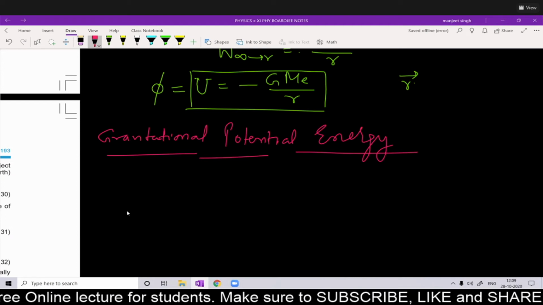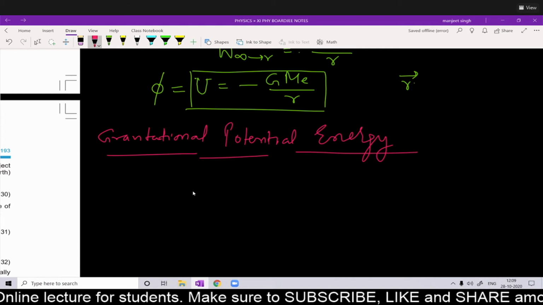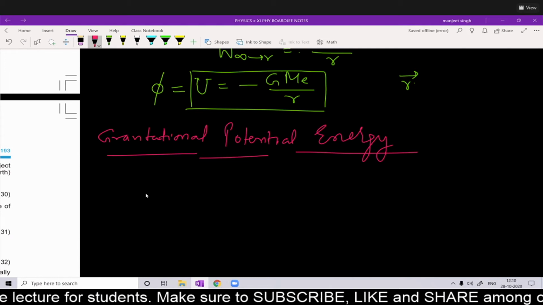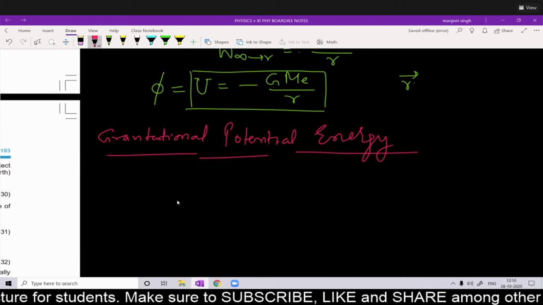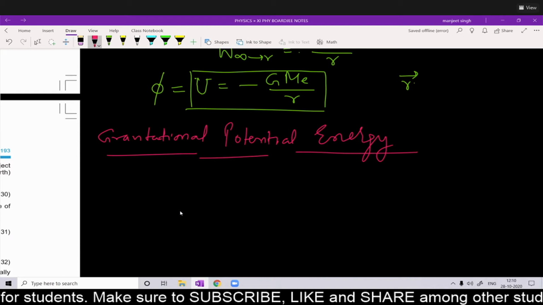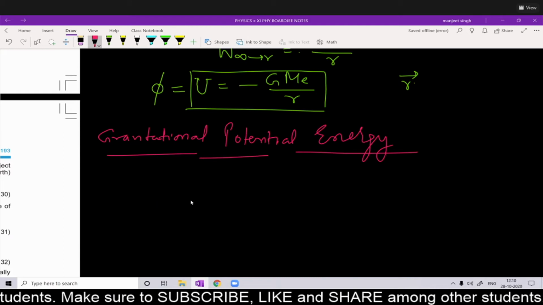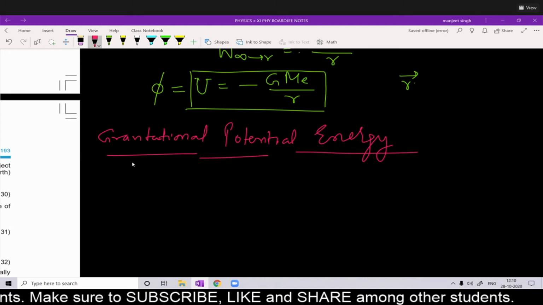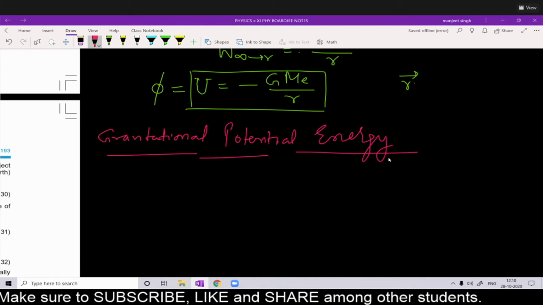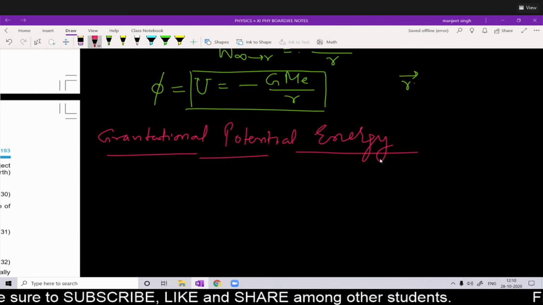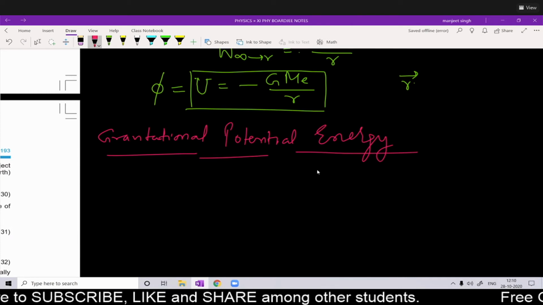Negative of the work done by the gravitational force in bringing a body of mass m from infinity to a point P is known as the gravitational potential energy of the system of the mass and the planet near which it is being brought.